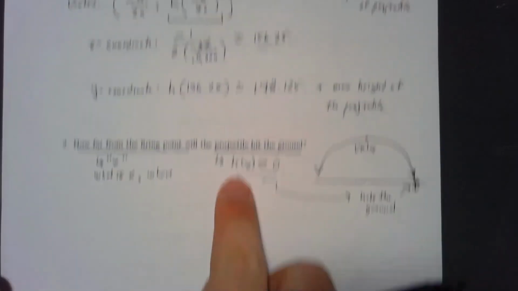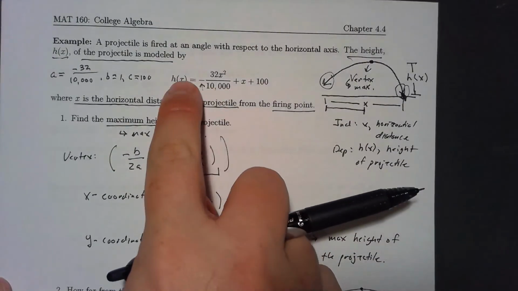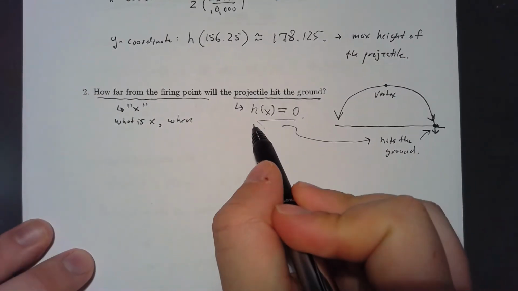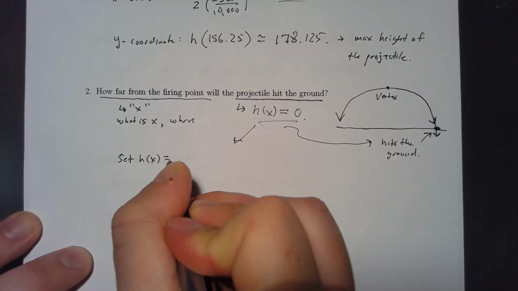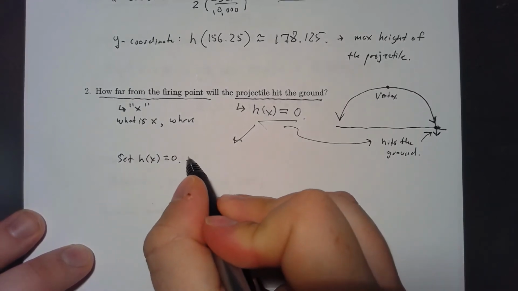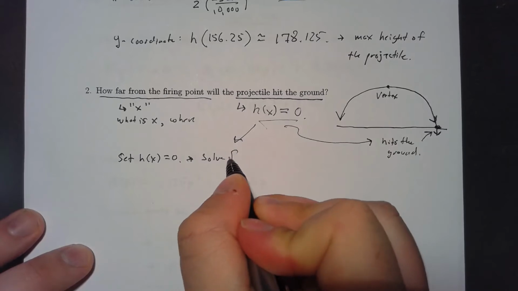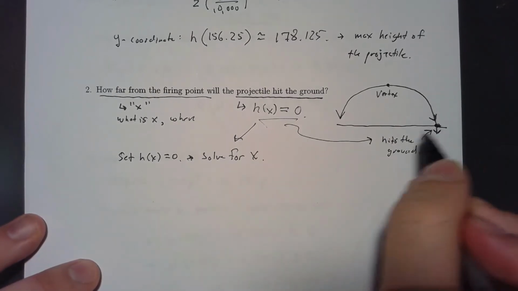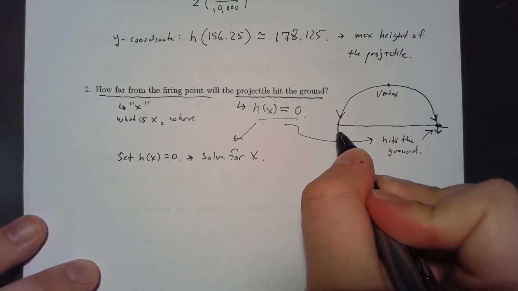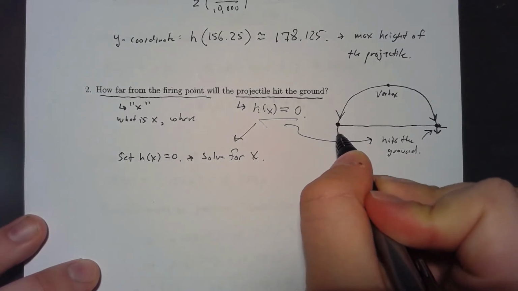So all you're doing is setting this quadratic equal to 0. The height will be 0, and solve for x. When you do that, technically you're going to get two values, because a parabola can have two values.